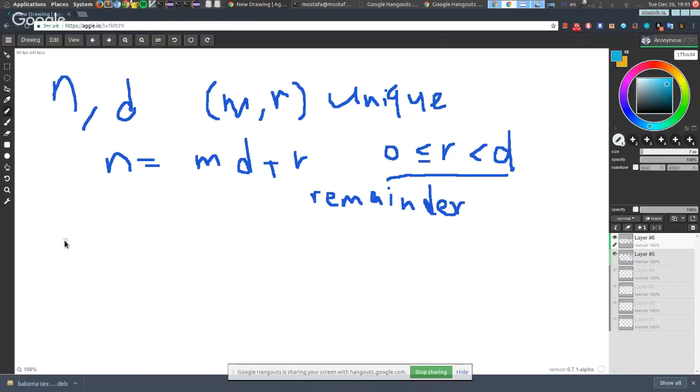Example: we have 18 and try to divide it by 4. Here we have q equal to 4 and r equal to 2. Or if we try to divide 12 by 5, we get 2 and 2.